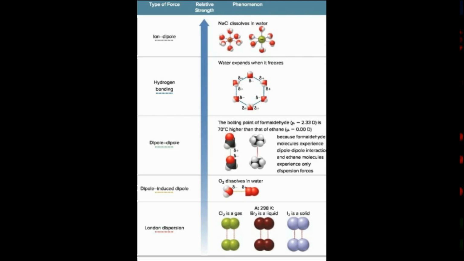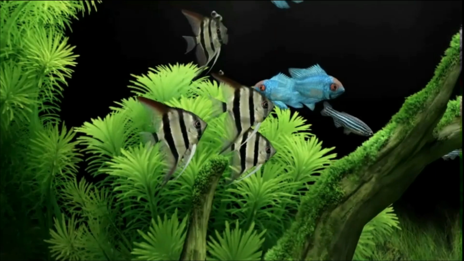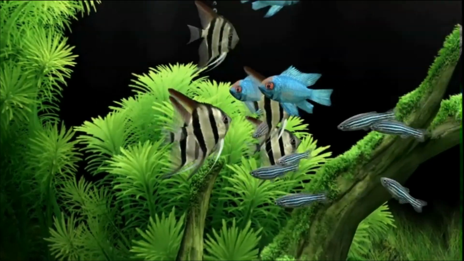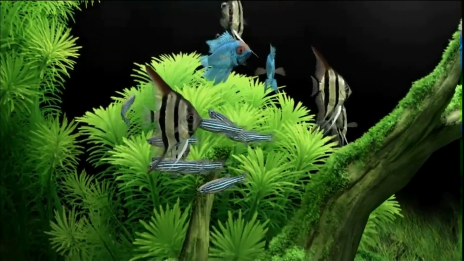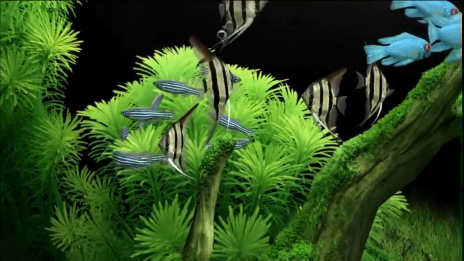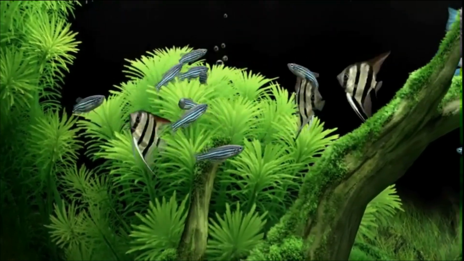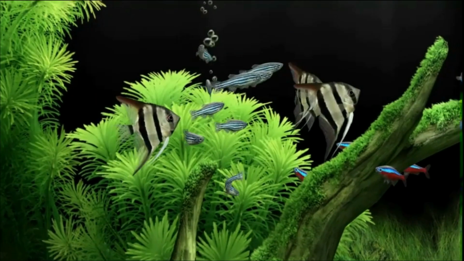The polar molecule, like a little magnet, starts pulling electrons from the oxygen, and this pulling creates dipole, induced dipole attraction, and the oxygen gets attracted to the water. This is why our blood carries oxygen. Otherwise, if that wasn't the case, there wouldn't be any fish in the sea, because the fish obviously uses oxygen to breathe, like we use oxygen in our blood to carry through our bodies.